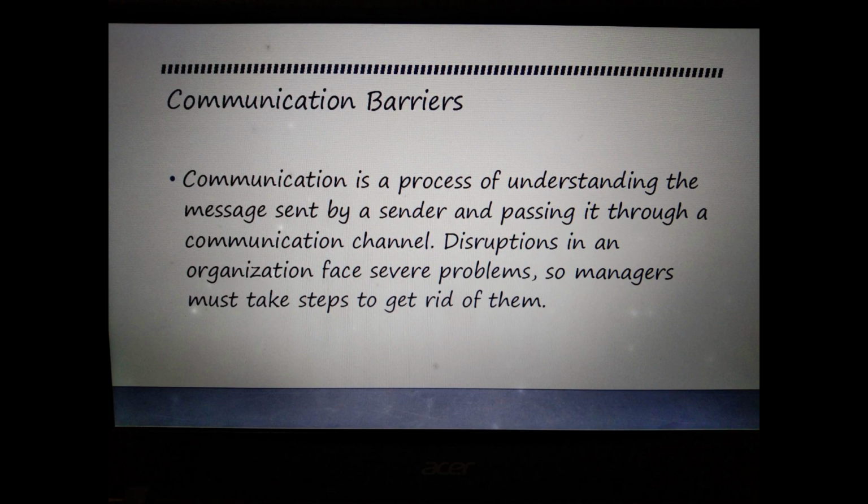This is a barrier that the organization faces as a problem. So the action that we must take is that the manager must take steps to get rid of them, to be able to set free or correct.